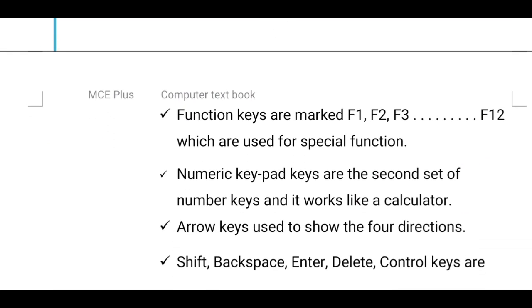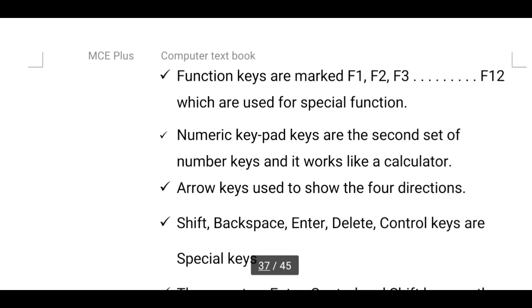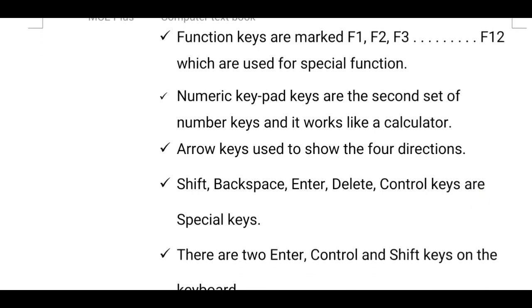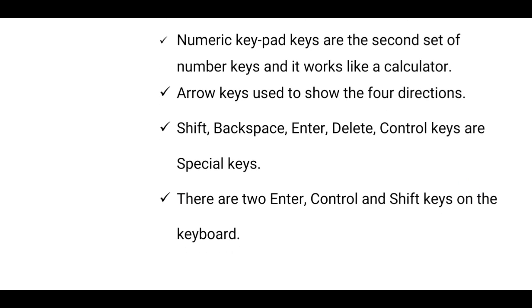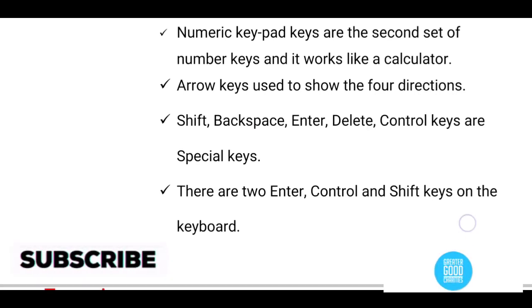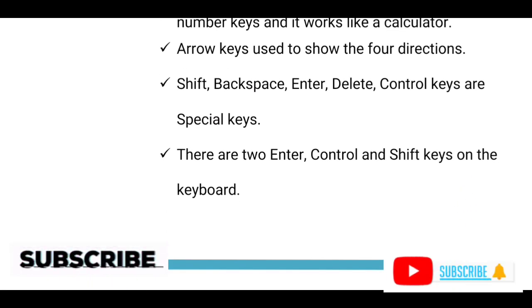Function keys are marked F1, F2 to F12, which are used for special functions. Numeric keypad keys are the second set of number keys and work like a calculator. Arrow keys are used to show the four directions. Shift key, Backspace key, Enter, Delete, Control keys are special keys. There are two Enter, two Control and two Shift keys on the keyboard.